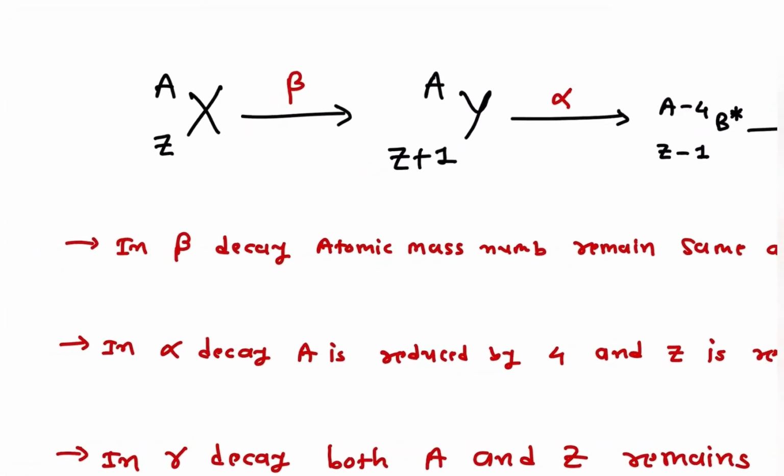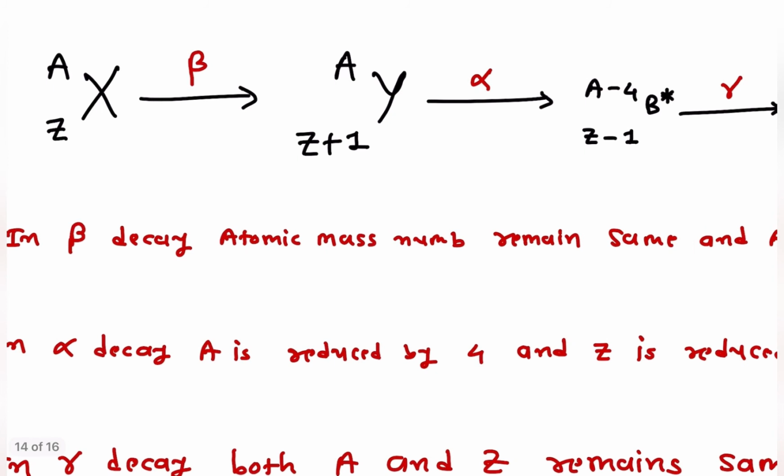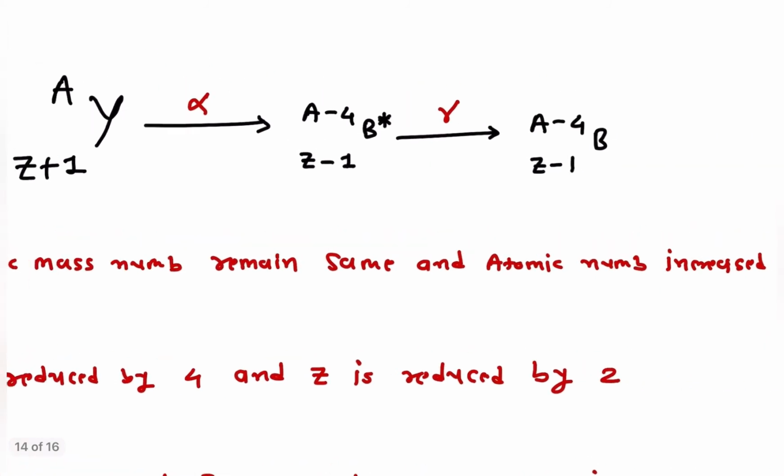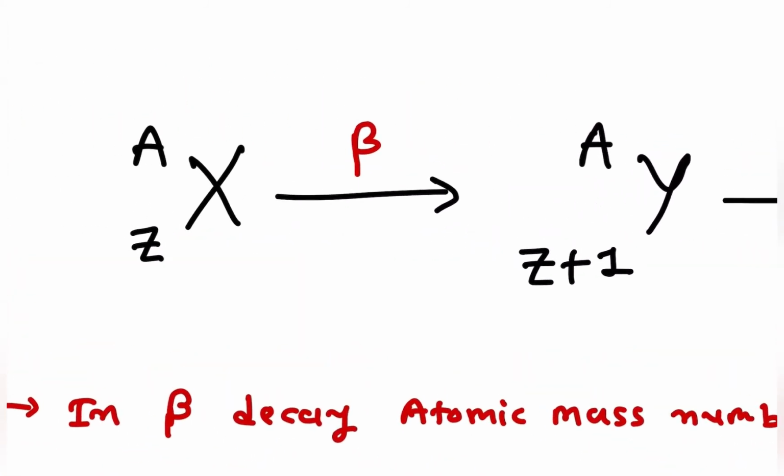In beta decay, the atomic mass number remains the same, but the atomic number is increased by 1. In the first process, X is the parent nucleus and Y is the daughter nucleus. The mass number remains the same, but the atomic number increases by 1, so it represents a beta decay.